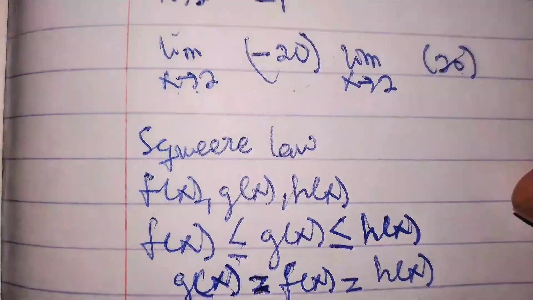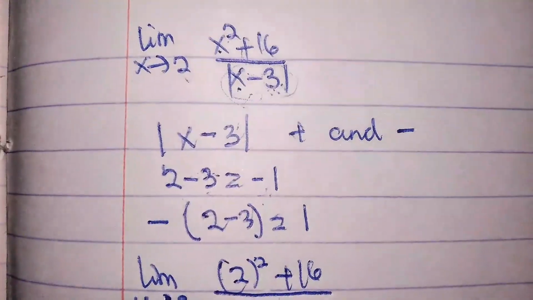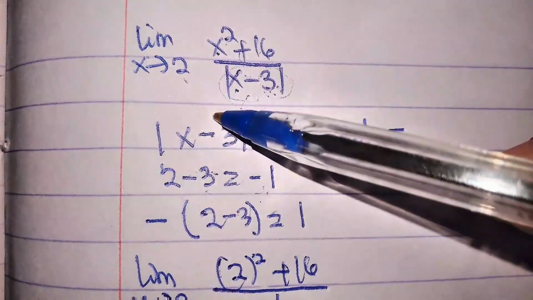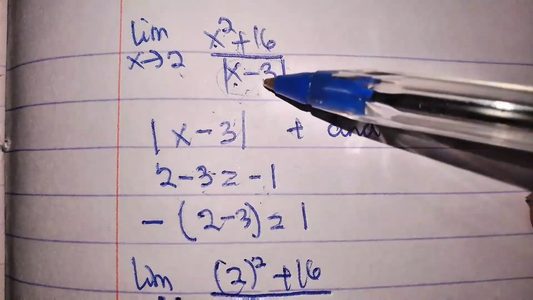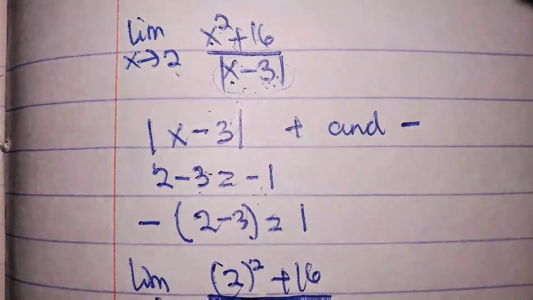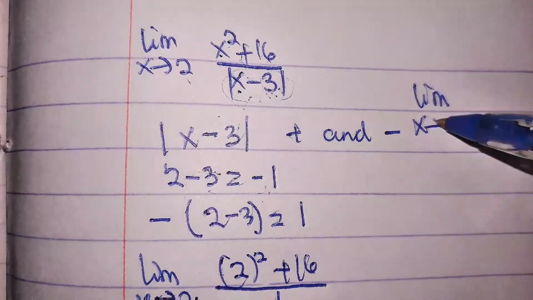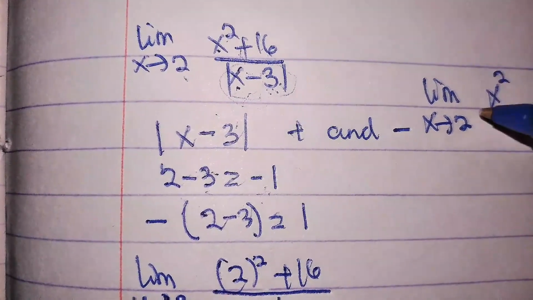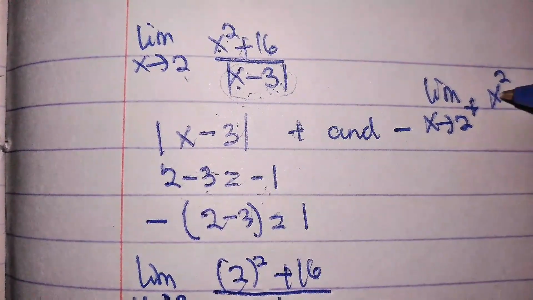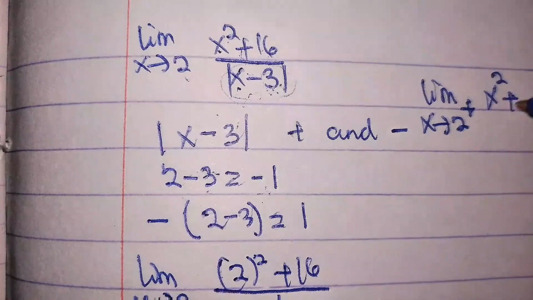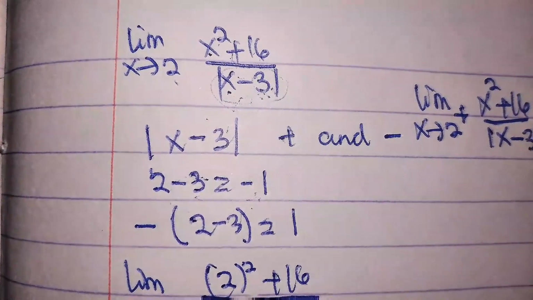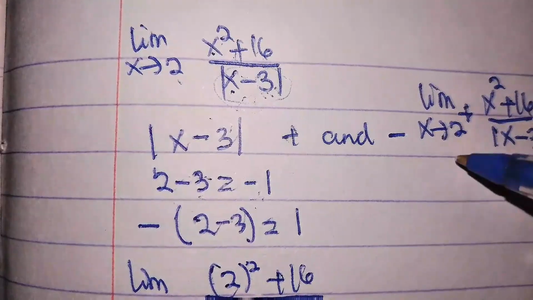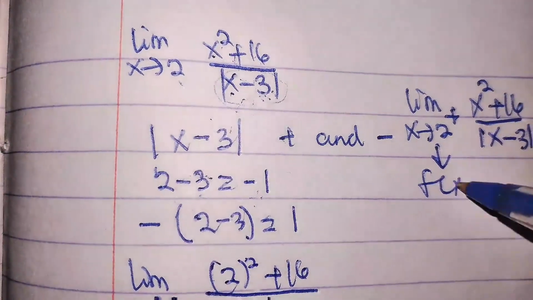We are taking it that this expression, the limit as x approaches 2 of (x squared plus 16) over the absolute value of x minus 3, using the positive value, is our f of x.